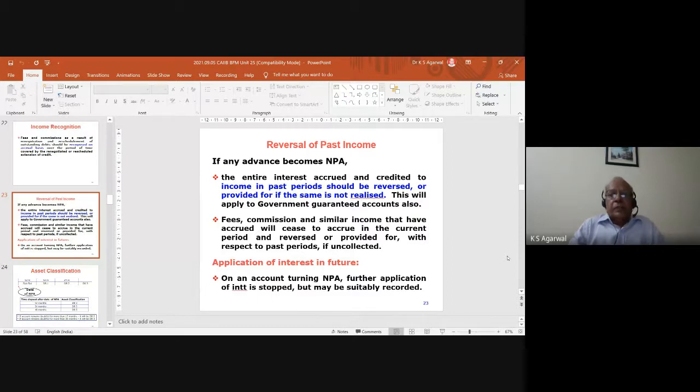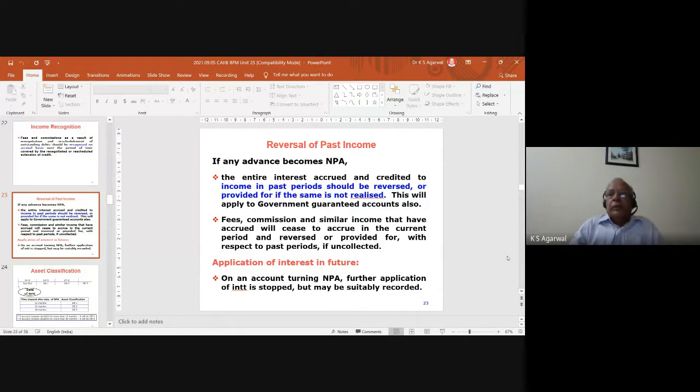Then I will see the statement of account for the past periods. I will see all the interest amount debited during the past period, not only 1 year, 2 years, all the past interest debited. I will add up. Then I will see what are the credits in the same period. If my credits are more than the interest debited, there is no DI. If my credits are less than the interest debited, then the difference is to be taken as de-recognized income.